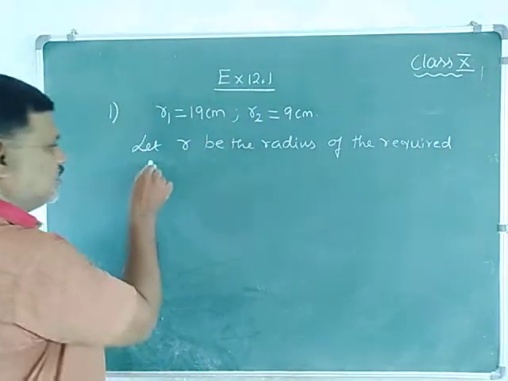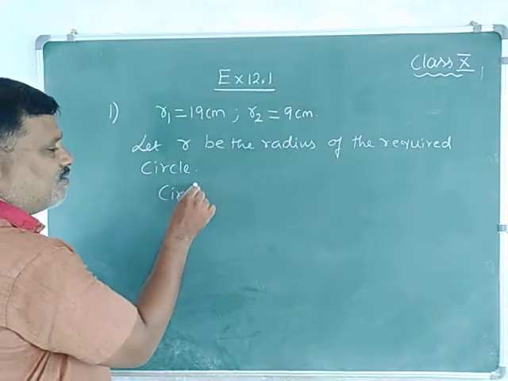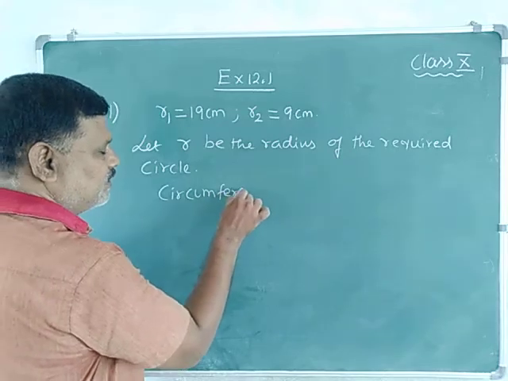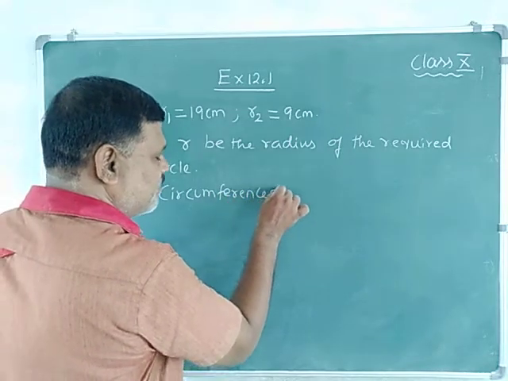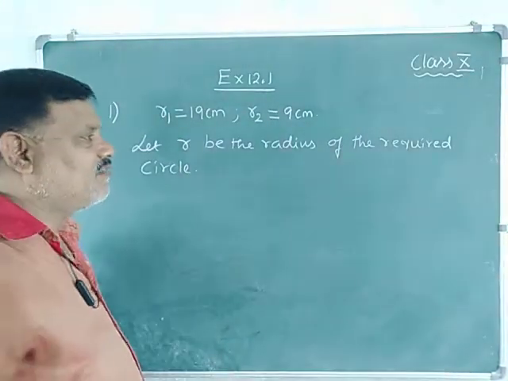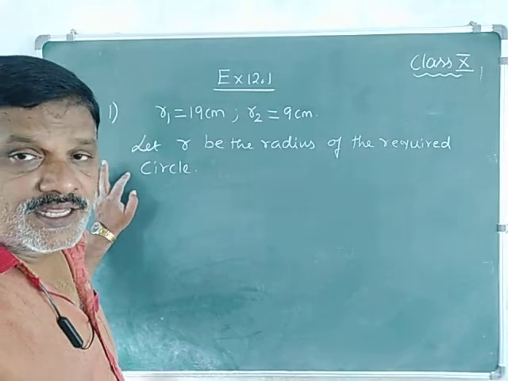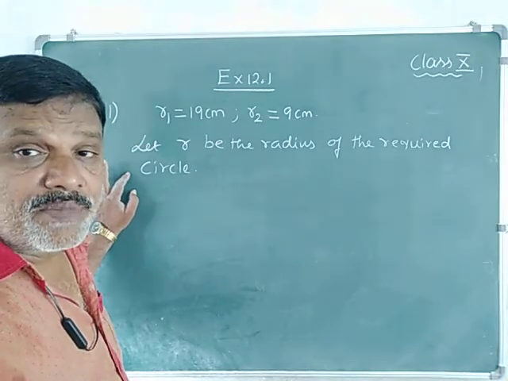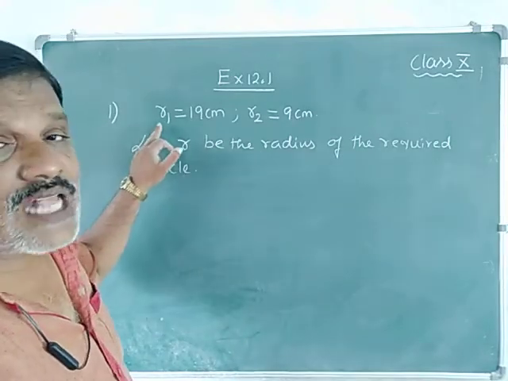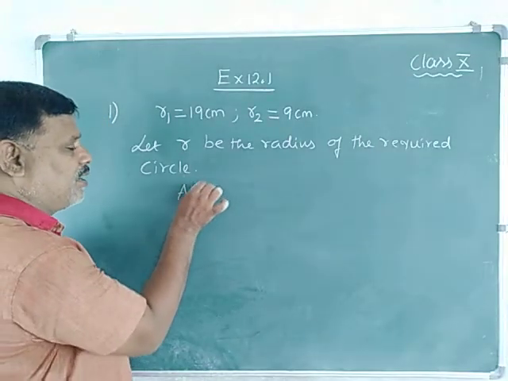So what is given for this circle? The circumference of the required circle, the circumference of the circle with radius R. According to the problem, the circumference of the circle with radius R is equal to the sum of the circumferences of the circles with radius R1 and R2.